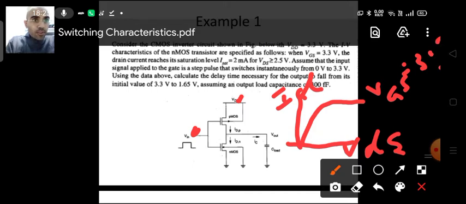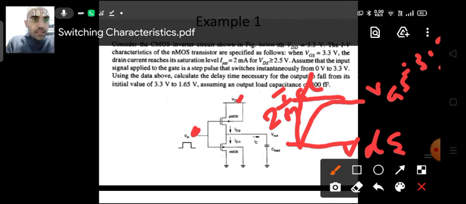For this 3.3 volts, and this is VDD on the x-axis, what does this say? The drain current reaches its saturation current level of 2 milliamperes. So this particular current level is approximately 2 milliamps, for VDS greater than 2.5.